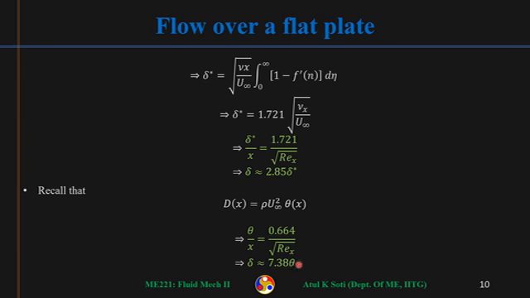So you will see that momentum thickness is also smaller than boundary layer thickness, but it is even smaller than displacement thickness. That gives you an idea of what will be the relative thicknesses. The largest thing is boundary layer thickness. Smaller than that is the displacement thickness, and lastly we have momentum thickness.